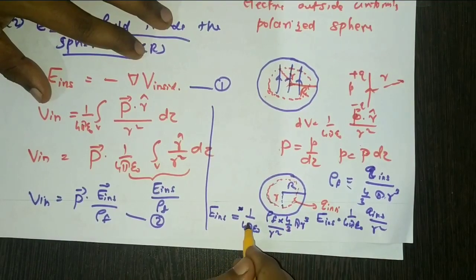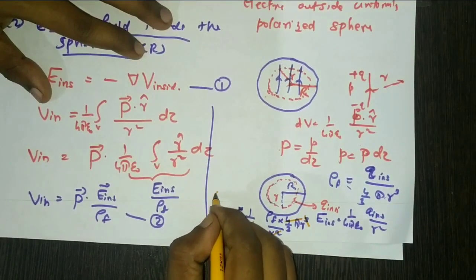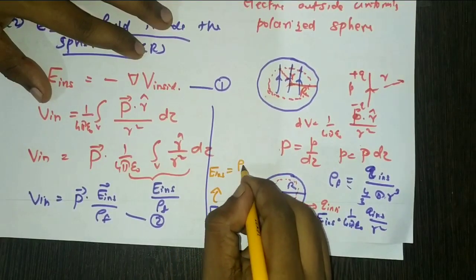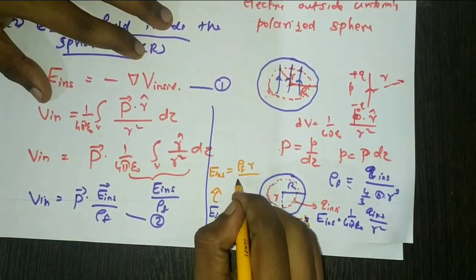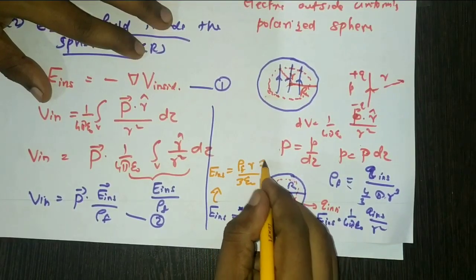Here the 4 pi cancelled, r square and r cancelled. This is rho f r divided by 3 epsilon 0. That is, E inside can be written as rho f r divided by 3 epsilon 0 r cap.